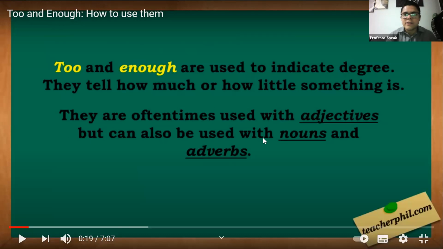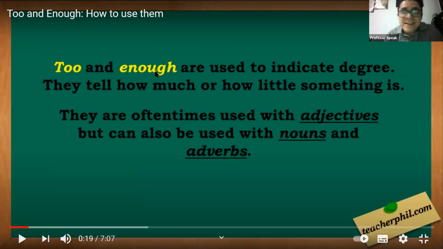Argelia, please read. Okay. Too and enough are used to indicate degree. They tell how much or how little something is. They are oftentimes used with adjectives, but can also be used with nouns and adverbs. Okay.